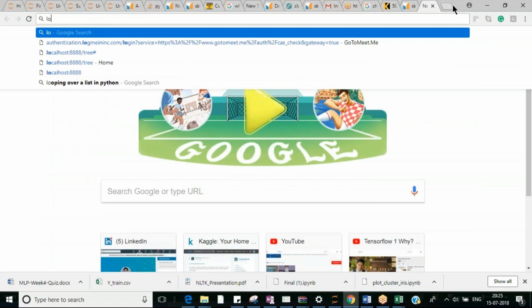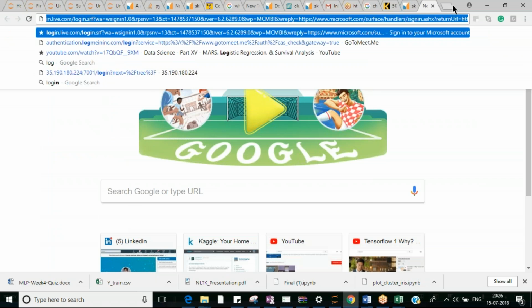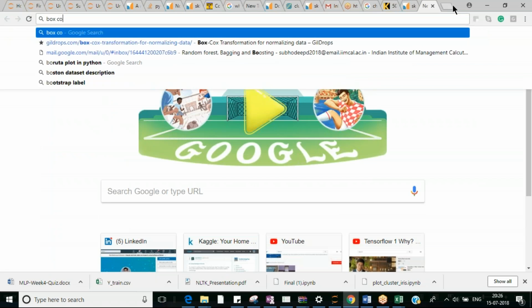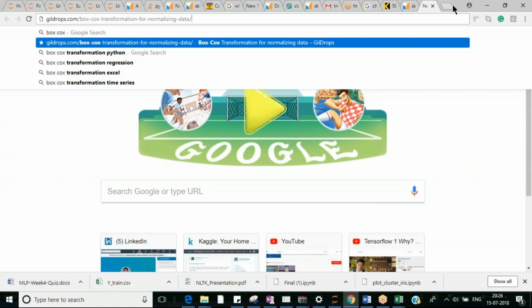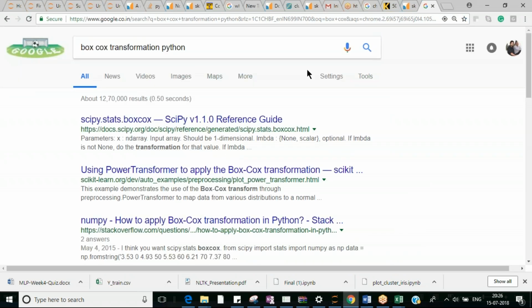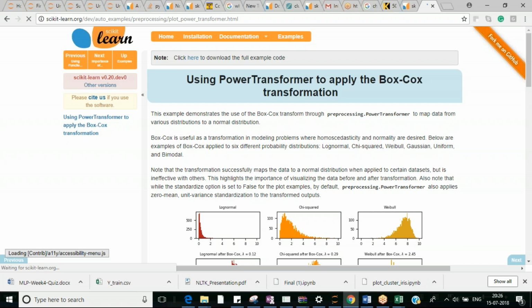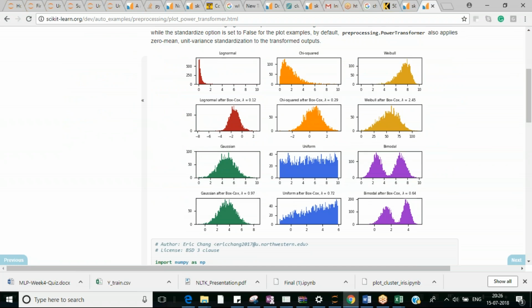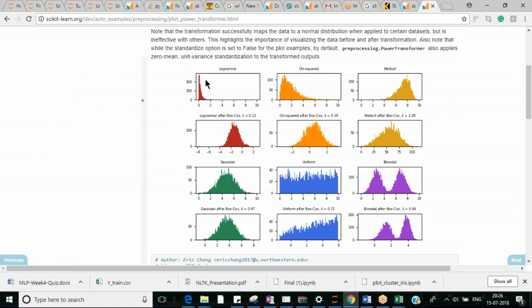So I'll show you something called log transformation, or let's say what I can call Box-Cox. There are some transformations where, if your distribution is log-normal like this, after you take a Box-Cox transformation, it becomes more normal.